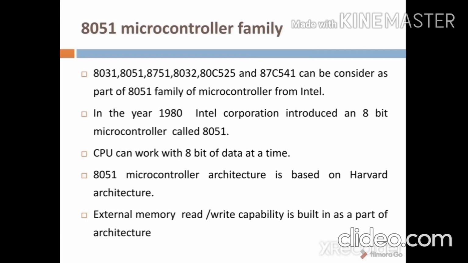In this microcontroller, the CPU, that means central processing unit, can work with 8 bits of data at a time. The 8051 architecture is based on Harvard architecture, which means program memory and data memory are separate. In this, external memory read-write capability is built in as a part of the architecture.